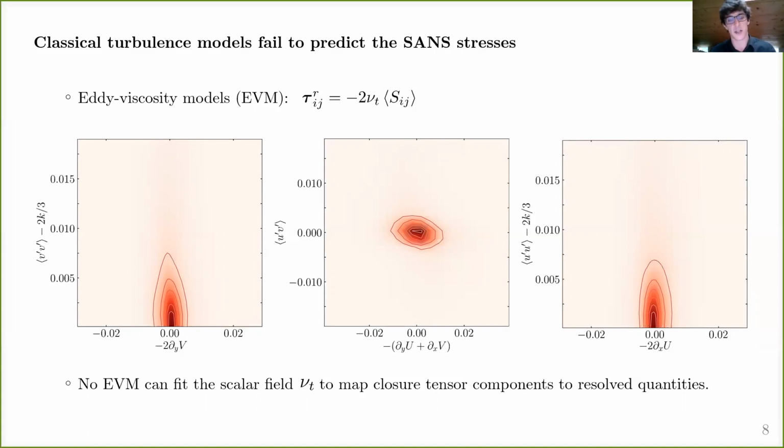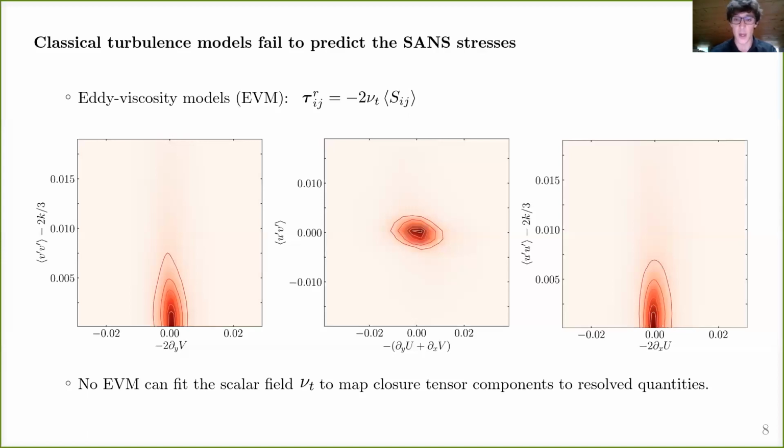If we have a look at how these resolved and closure quantities relate to each other through density plots, you can observe how the normal components of this anisotropic stress tensor and the shear components are very differently related to our resolved quantities. Obviously, if we are going to map these quantities using a scalar field, it wouldn't be possible, because we need to map closure term components to the resolved quantities. So a scalar field, whatever we use to model this turbulent viscosity, be it a Smagorinsky model or whatever, probably wouldn't work.